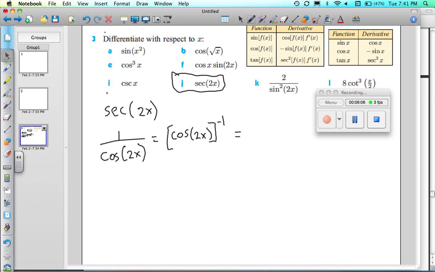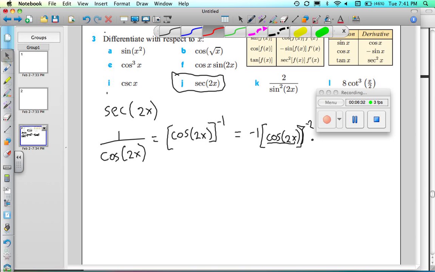So this ends up equaling negative 1 times cosine of 2x raised to the negative 2, times the derivative of what's inside. I'm going to change colors to keep this clear. What I'm going to write in red now is the derivative of cosine of 2x, for which I also use the chain rule.